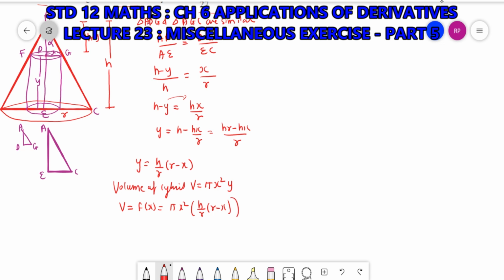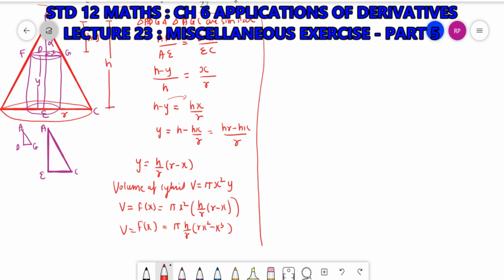Okay, so now to find out the maximum volume, we need to take f dash x and f double dash x. First let's multiply this x inside. So f of x will be equal to pi h by r, constant, into r x square minus x cube.